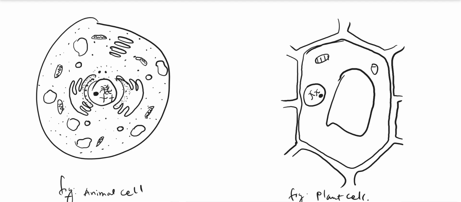Plastids are generally of three types: chloroplast, chromoplast, leucoplast. I will talk about plastid later.